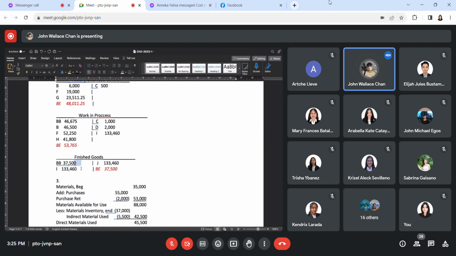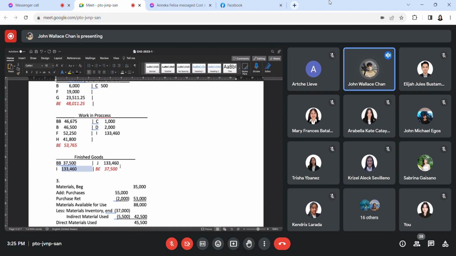Then in transaction I, we added the cost of the completion for job 1, 2, 3, 4 and 1, 2, 3, 5, which amounted to 133,460 pesos.